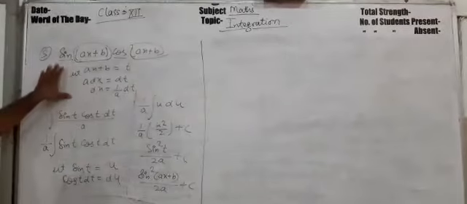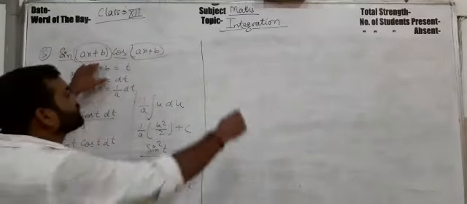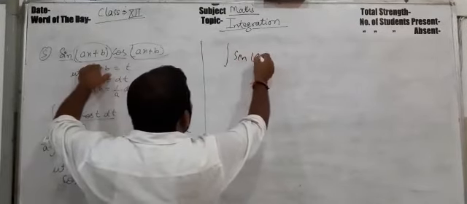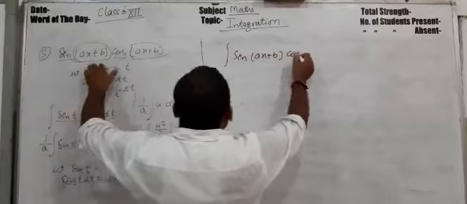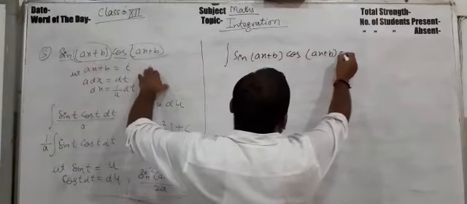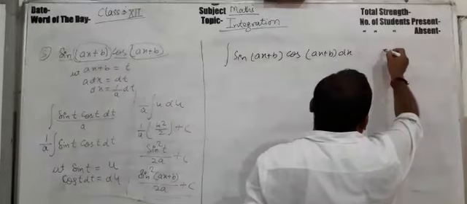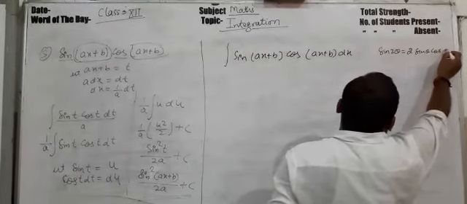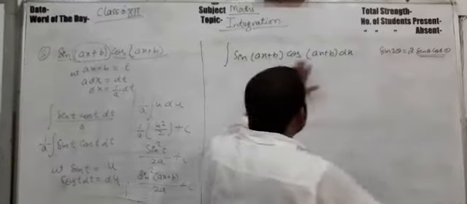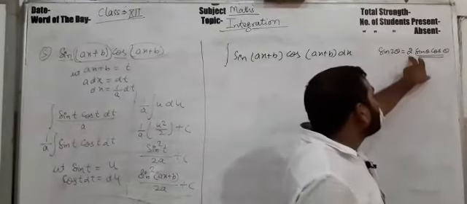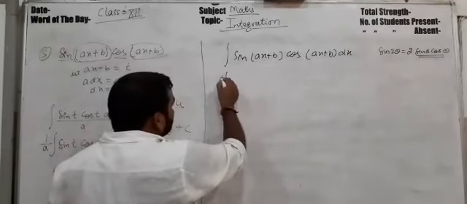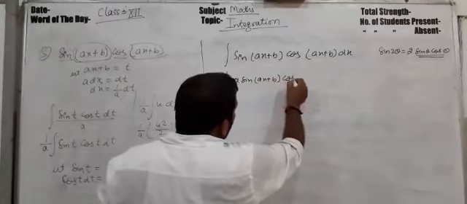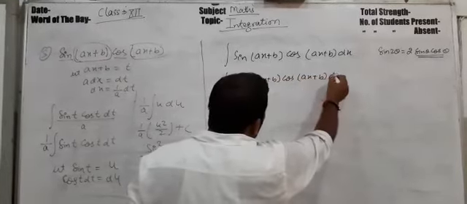Another way of integrating this, let us see another way. Suppose it is given sin of ax plus b into cos of ax plus b dx. If you remember the formula of sin 2 theta, it is given as 2 sin theta into cos theta. So sin theta and cos theta are given, we need to multiply by 2. So we can write it as 1 by 2 into 2 times sin of ax plus b into cos of ax plus b dx.